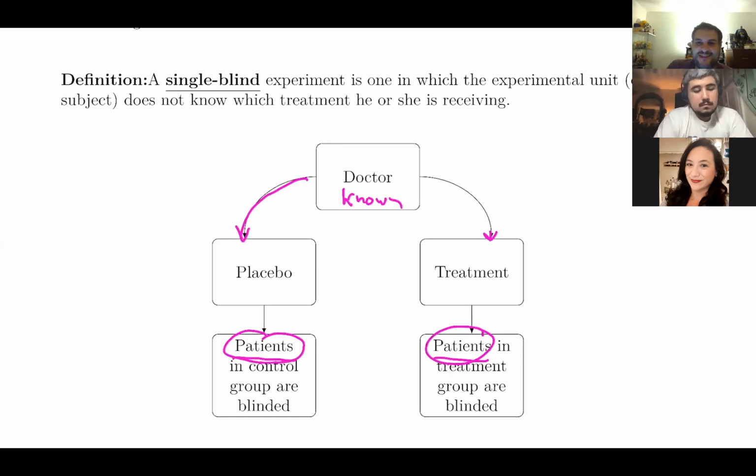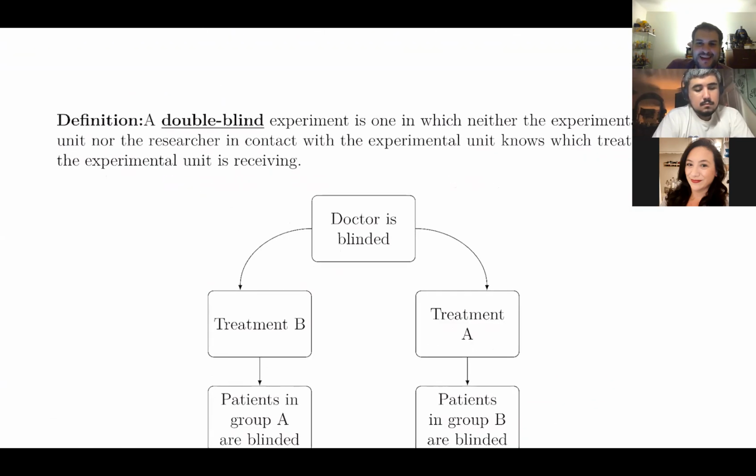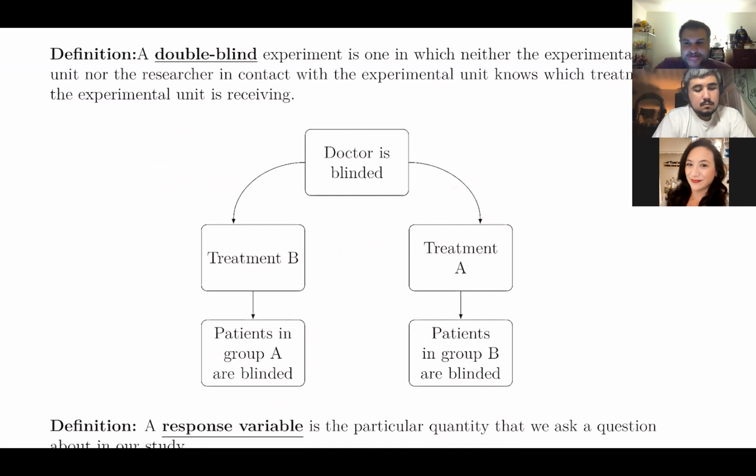All right, so let's go over to double blind. In a double blind, the doctor is blinded too, so the doctor doesn't know who's getting treatment A or treatment B. We don't know if treatment B is the treatment or the placebo.